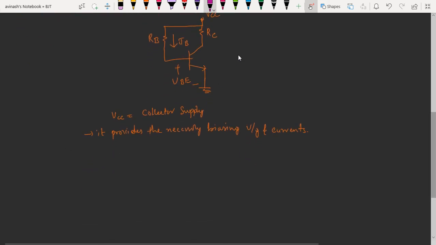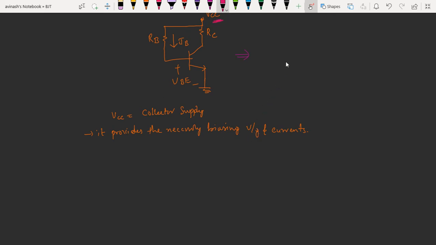So this circuit can also be represented in this way, where the collector voltage provides the necessary base biasing voltage. So this can also be split in this way. Let us split this collector voltage as VCC, and this is also VCC. This is the ground, right?